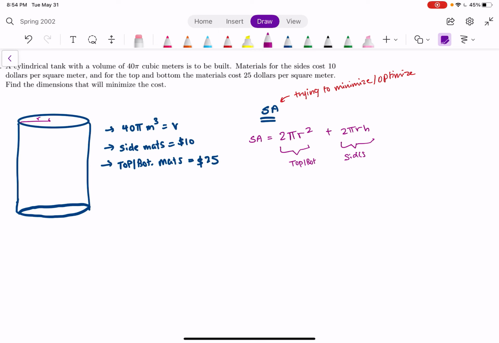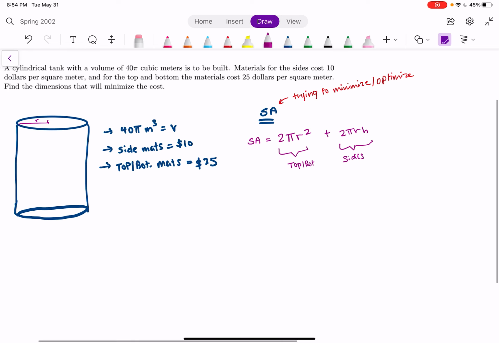Now that we have the surface area like this, the next thing we're going to do is add our cost analysis to it. All the top and bottoms are going to cost $25, and the sides are going to cost $10.